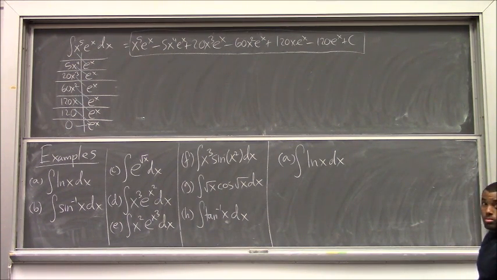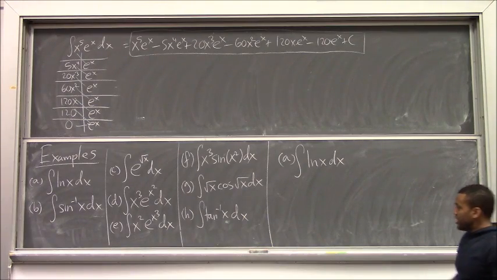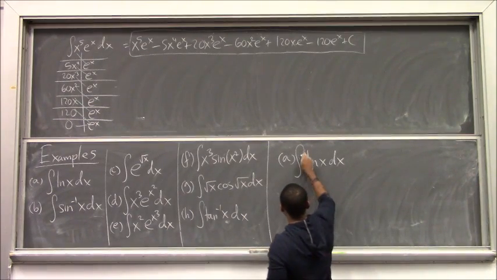Exactly. u equal to ln x and dv equal to 1. It's a very sneaky way to do it, isn't it? Just think of the other function as 1.